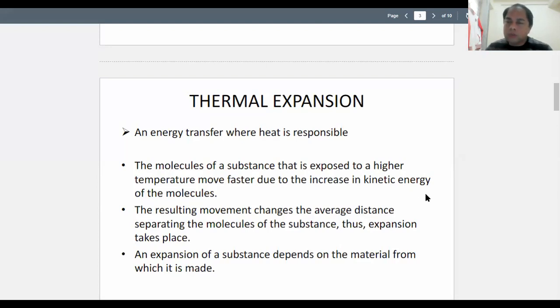So we are talking about the molecules, or the atomic particles, that when they start to vibrate because of the added energy due to heat, they tend to move further from each other. We always experience this most obviously in the case of a solid, and in metals, basically.